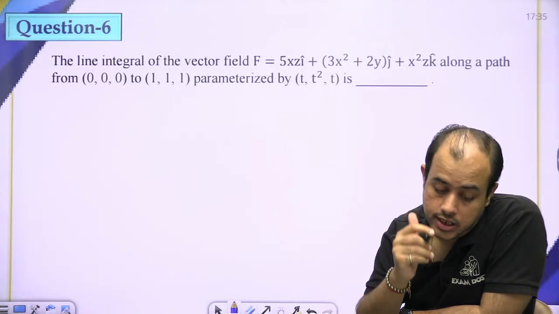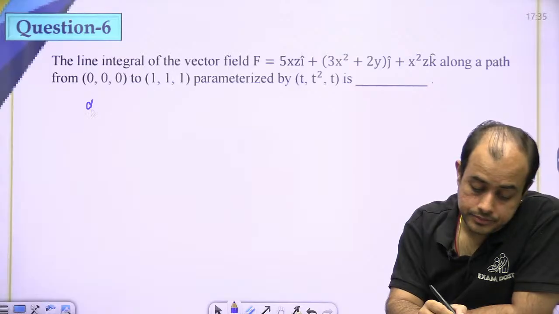The line integration along a path parameterized by this.